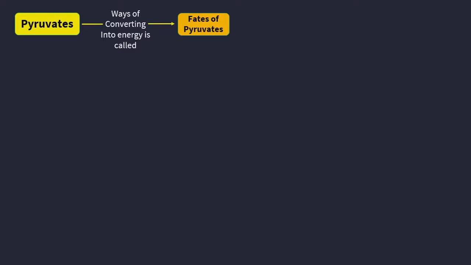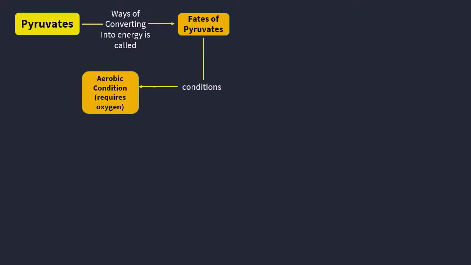Pyruvates can be utilized as energy by different types of organisms, and under different conditions, which affect the steps on how they will be transformed into a form of energy. These fates of pyruvate follow different types of conditions, and the first condition that we are going to talk about here is called aerobic.